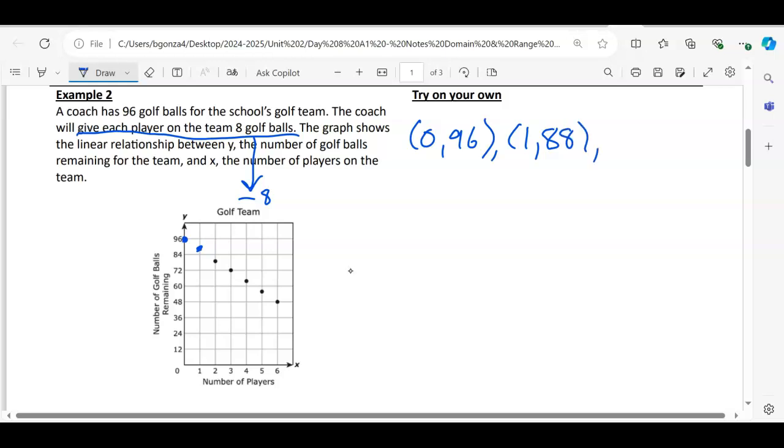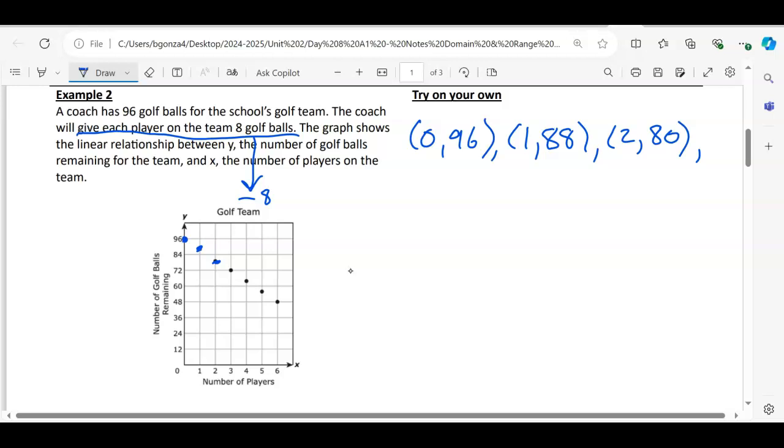Okay, so after 1 player, he gives him 8 golf balls, and he gets 88 after he subtracted 8 from 96. Okay, now for 2 players, he gives away another 8. So now this point right here, I can't tell from the graph what it is, but I know I'm just going to subtract 8. Do y'all know what 88 minus 8 is? 80. Cool. And we're just going to keep that pattern going.